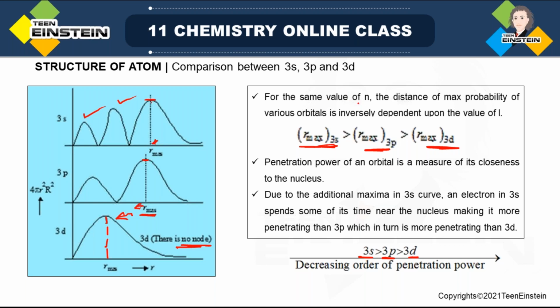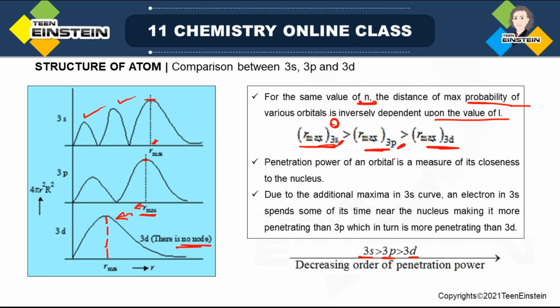So when the value of n is the same, only then you can compare. It may be that you have taken 4s, 4p, 4d, that is also okay, but the same value of n must be there. So for the same value of n, the distance of maximum probability of different orbitals is inversely dependent upon the value of L. Why is it so? Because for 3s the value of L is 0.